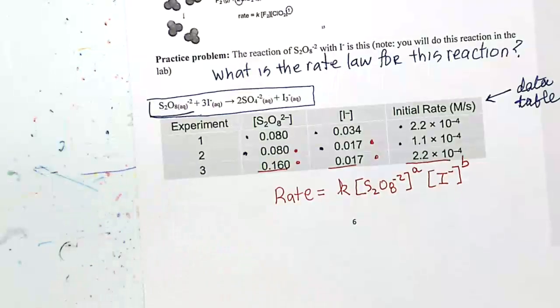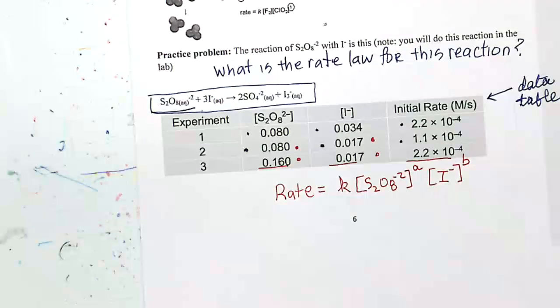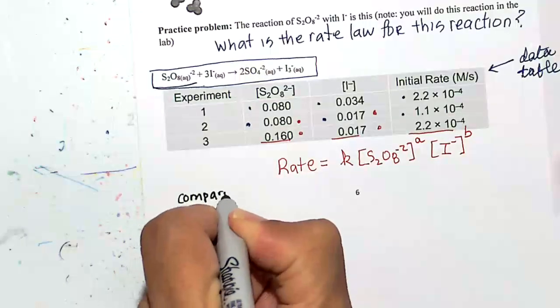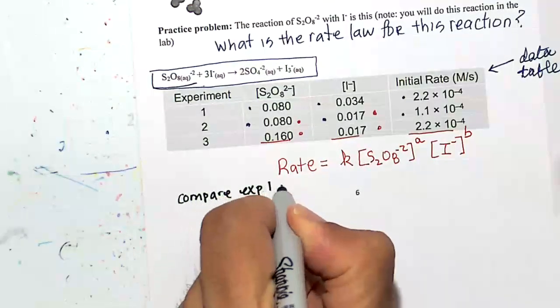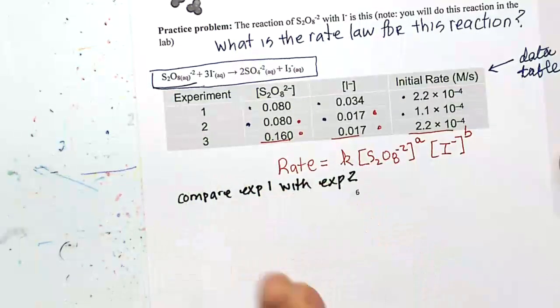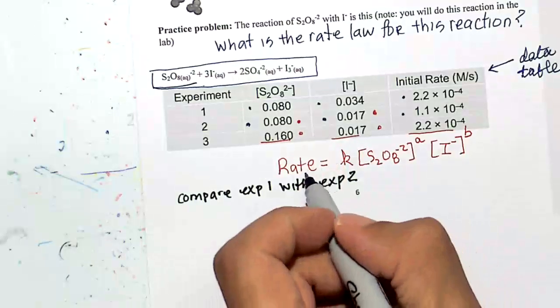All right. So we're going to compare. The first thing we'll do is compare experiment 1 and 2. You can compare any ones you like, but I'm going to compare 1 and 2 together. You'll see why. We're going to compare experiment 1 with experiment 2.